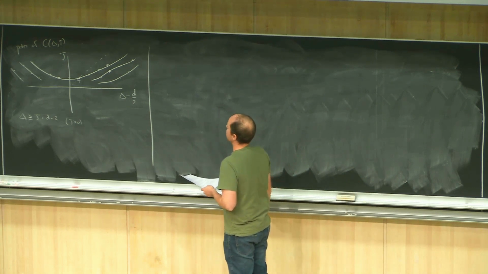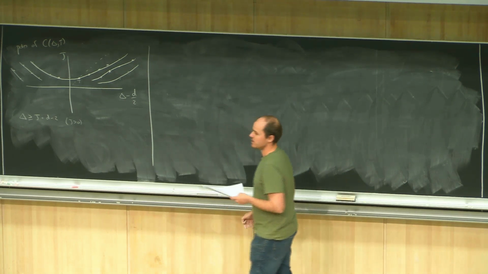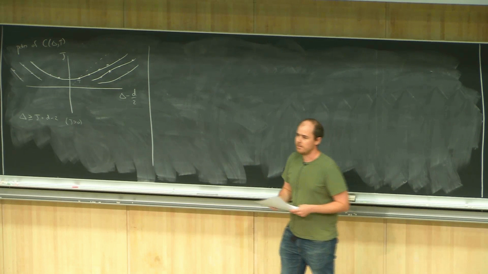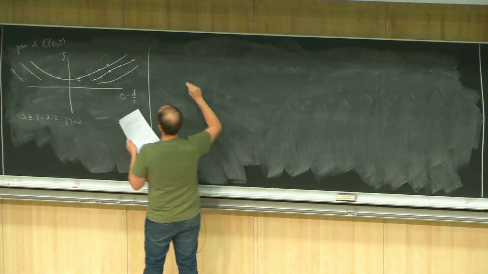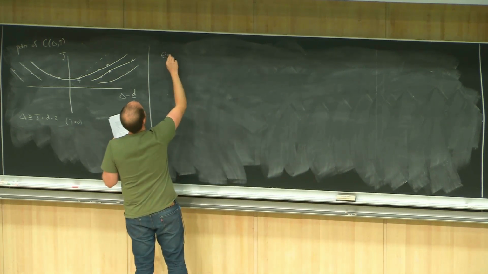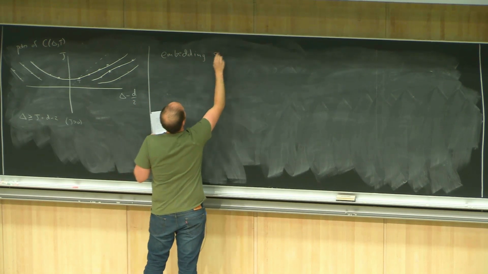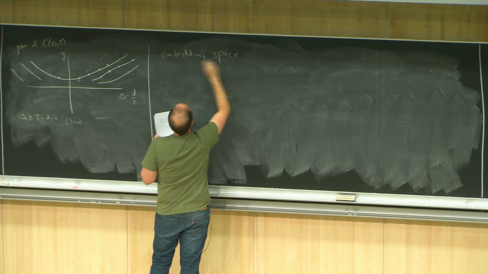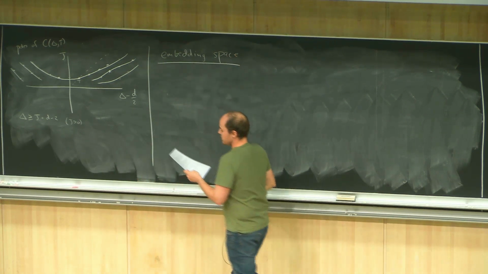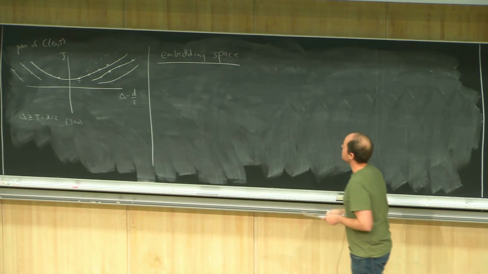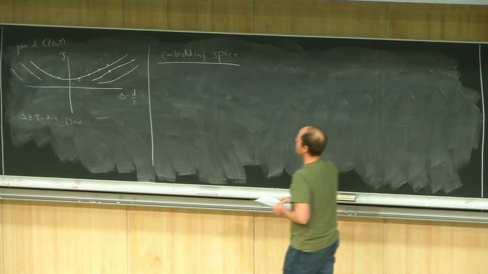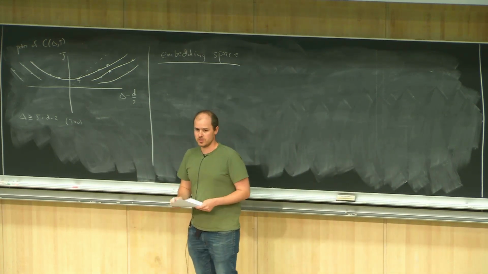First, it will be useful to describe operators in a slightly more efficient way. The tools for doing this are the embedding space. So I'm going to introduce the embedding space in Lorentzian signature and then talk about how to use it to describe operators with non-integer spin.